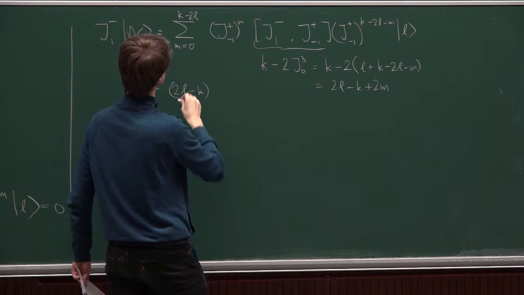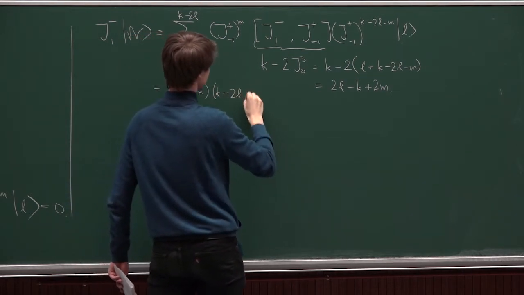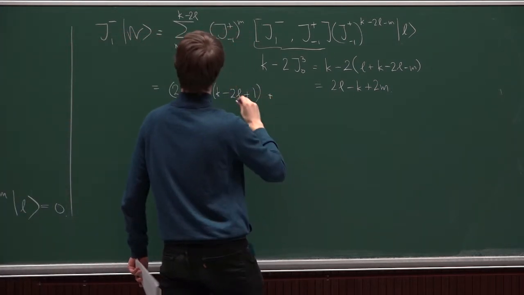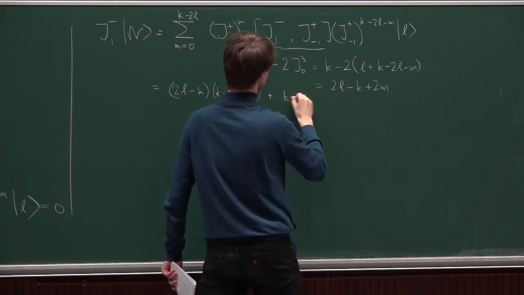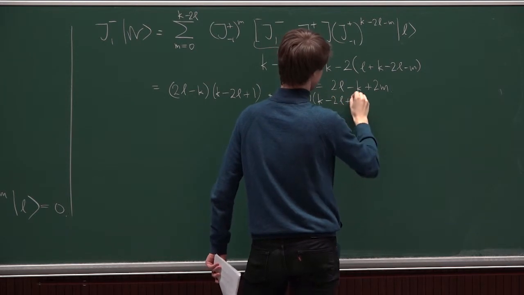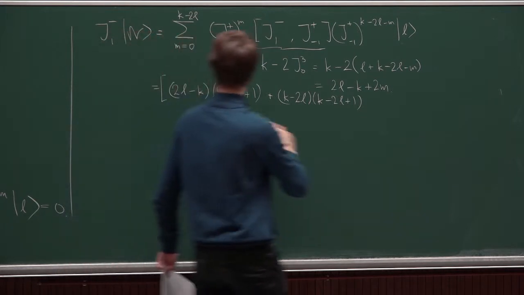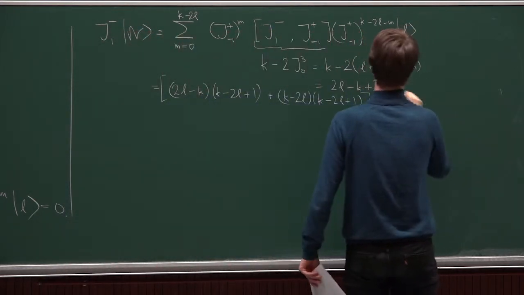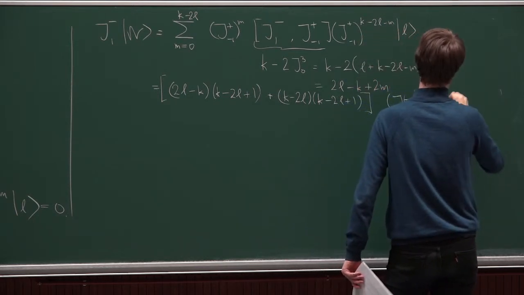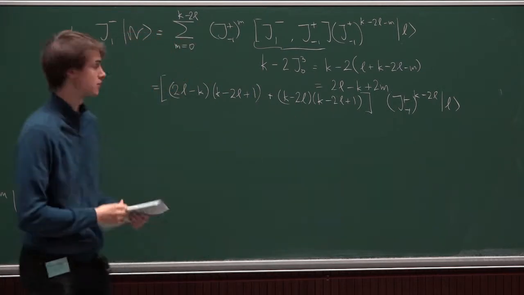Here there are K minus 2L plus 1 terms, because I have the 0 included. That's from this piece. And then I get this Gaussian sum, which is K minus 2L times K minus 2L plus 1, divided by 2 times 2. And if I'm very lucky, those two terms should cancel now. Okay, so they indeed cancel because that's the same term and this is the opposite term. So I get 0.